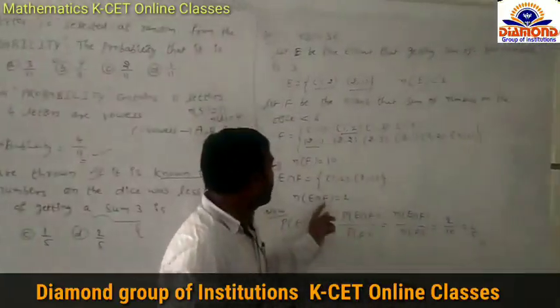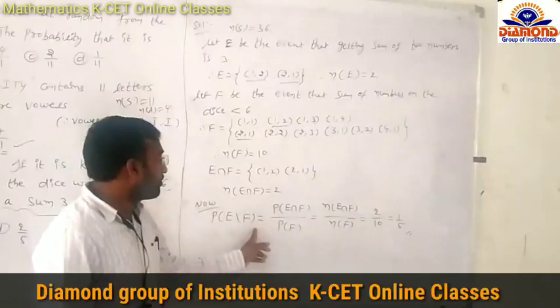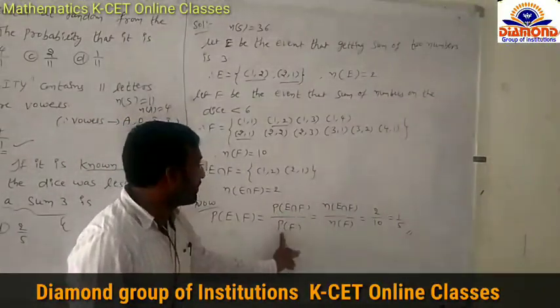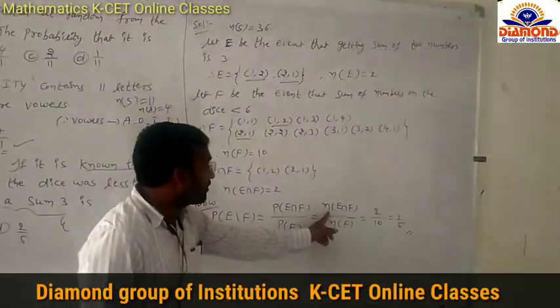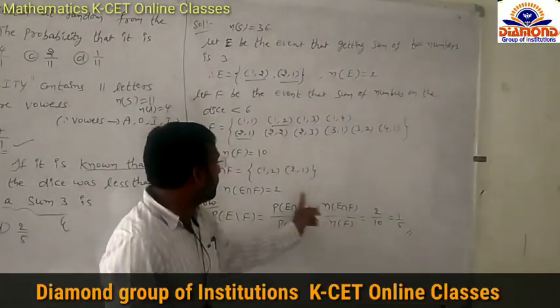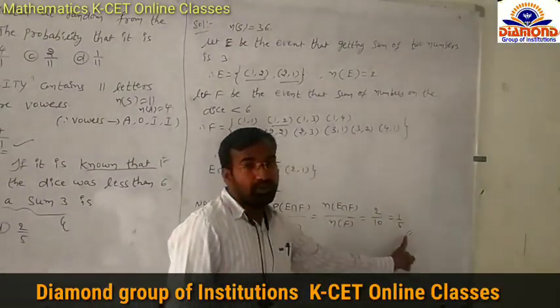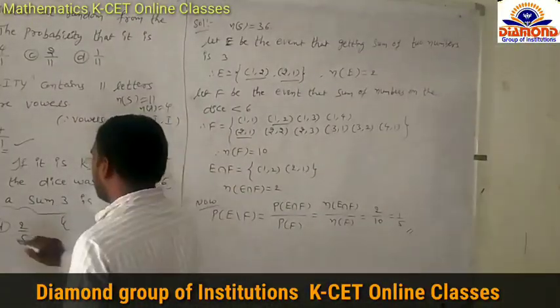Calculate P of E given F, which equals P of E intersection F by P of F, which equals N of E intersection F by N of F, equal to 2 by 10, which equals 1 by 5. So the option is D.